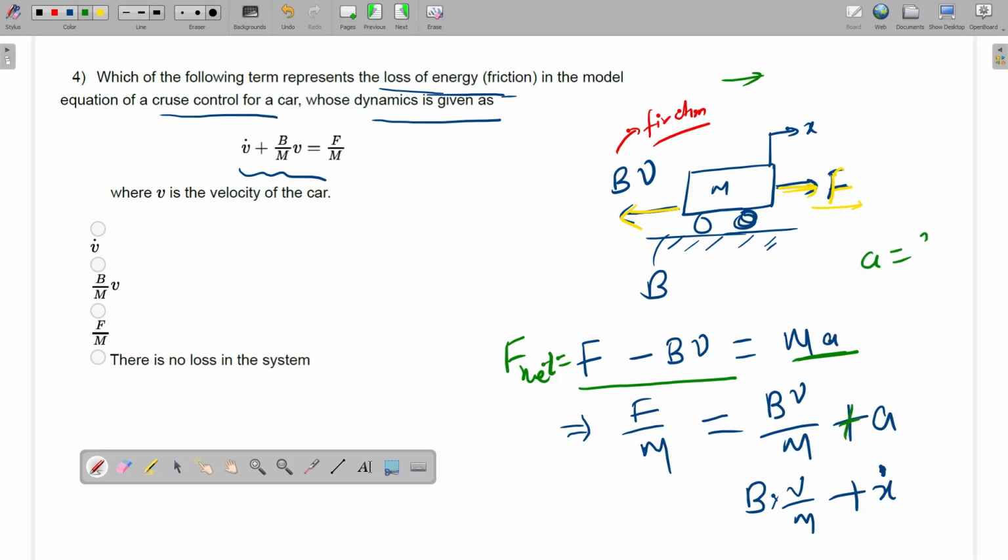A is equal to dV by dt, so this will be V dot. So dV by dt. Here, this part is the frictional term. So the correct option will be this one. Is it clear? These diagrams and force equations?